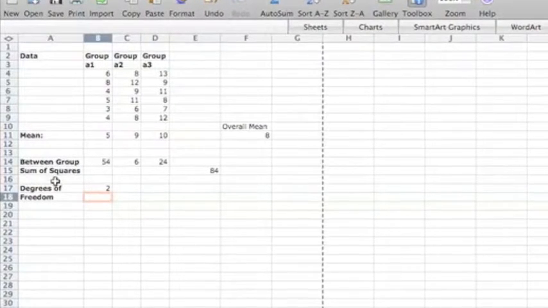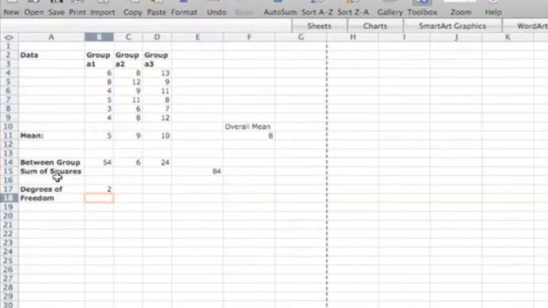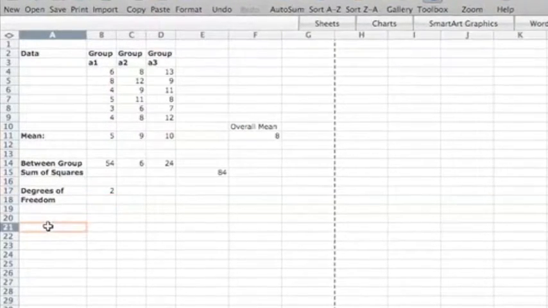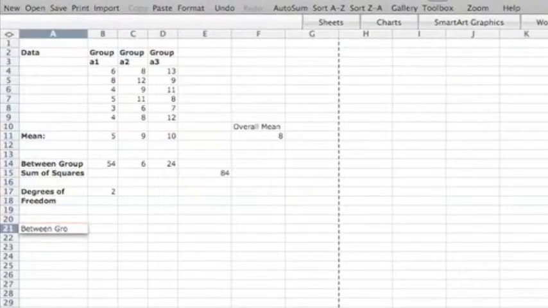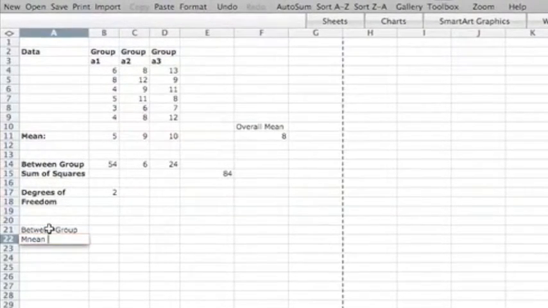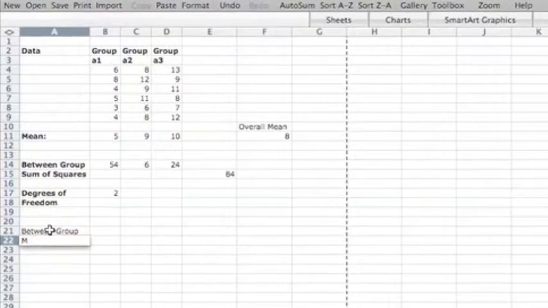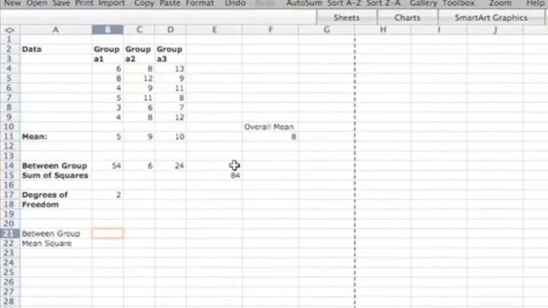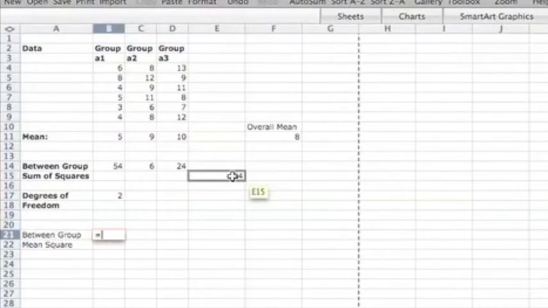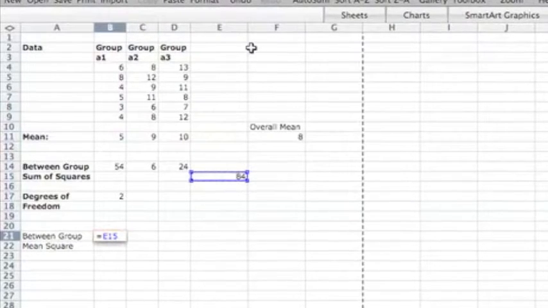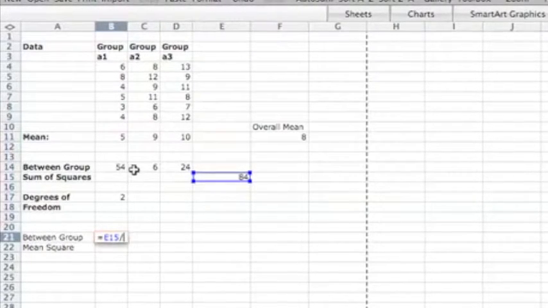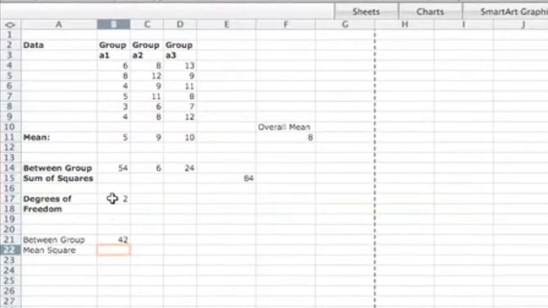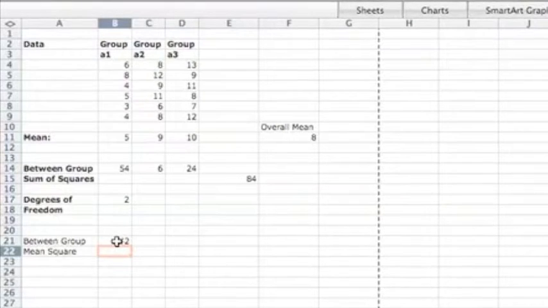And to get the actual between group mean square, I'm going to put that here, the between group mean square, that will equal our sum of squares, which was 84, divided by, which is a backslash, our degrees of freedom. And you hit return, and that gives you an answer of 42.